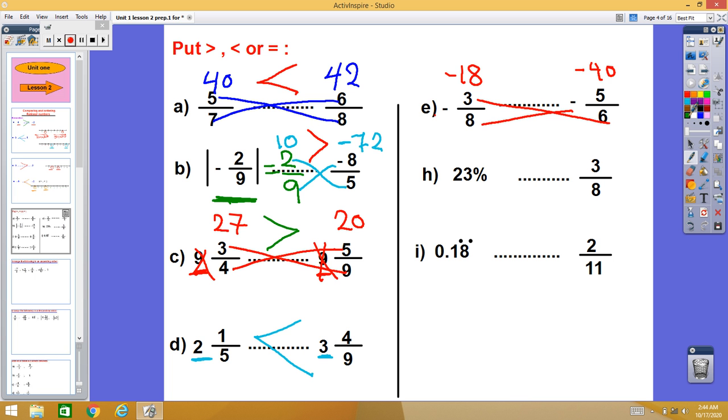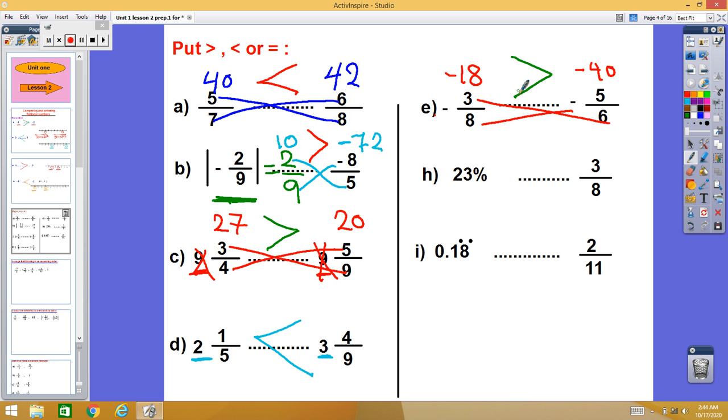As we said before, the greatest negative number is the smaller in value. So we have negative 18 and negative 40. So here negative 18 will be greater than negative 40.